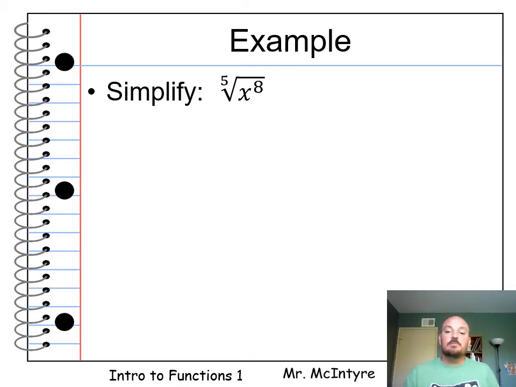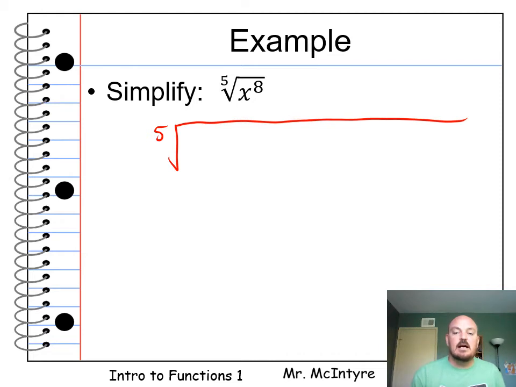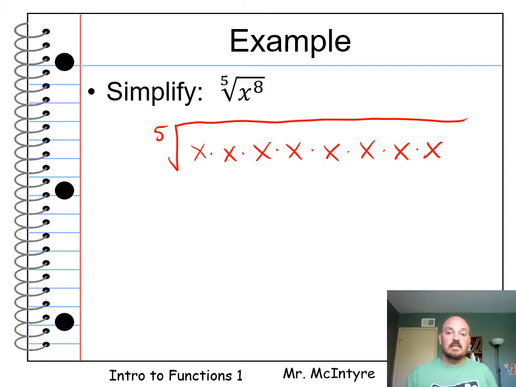Let's say we want to simplify the 5th root of x to the 8th. And this is why I said the question's actually easier. I don't even need a factor tree. I know that x to the 8th is 1, 2, 3, 4, 5, 6, 7, 8 x's, because that's what x to the 8th means. And then I'm going to count up 1, 2, 3, 4, 5 of them.